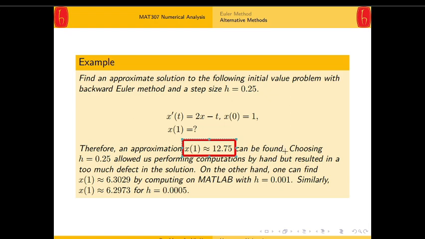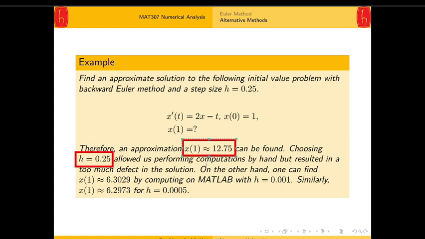Choosing h is equal to 0.25 allowed us to perform the computations by hand, but resulted in too much error in the solution. So this is something we can achieve by doing computations by hand, but in reality this is not accurate enough. The accuracy of the solution is in trouble.